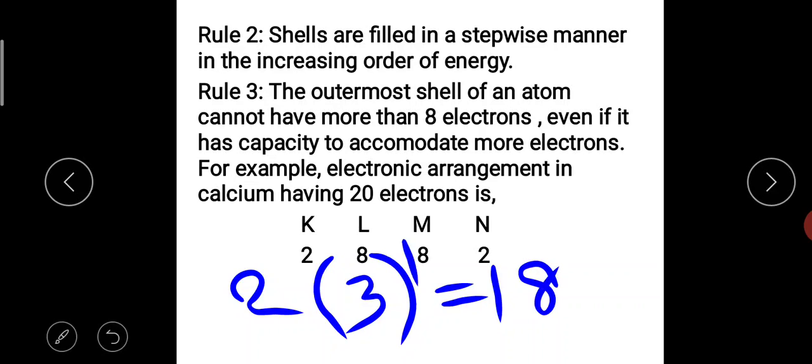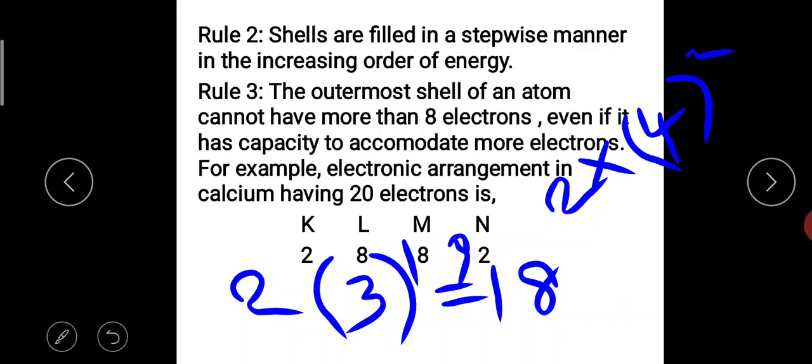For the N shell it is 2 into 4 square, because n value is 4. 4 into 4 is 16, 16 into 2 is 32. Again there is a mistake here. The N shell will have a maximum of 32 electrons. This is how you calculate the maximum number of electrons in each shell.